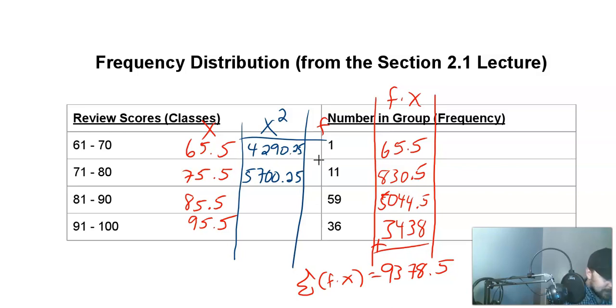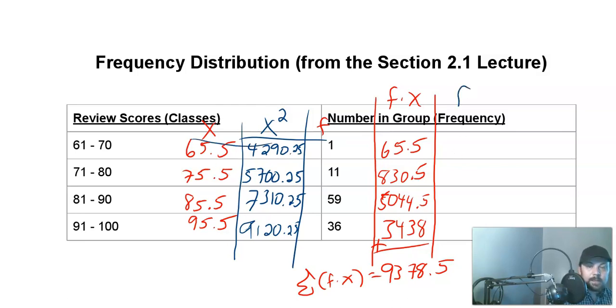Oh, I messed up. 85.5 times 85.5 is 7,310.25. And then 95.5 squared, which will be 9,120.25. So that's squaring all of our x's.